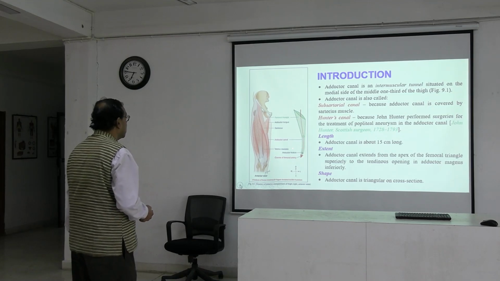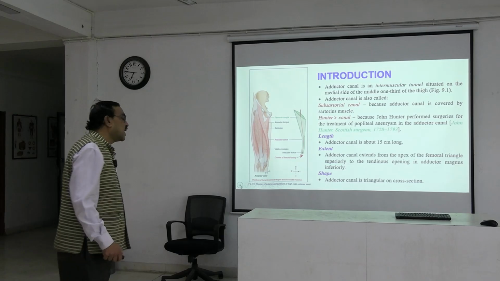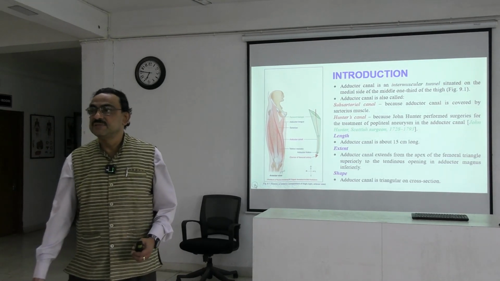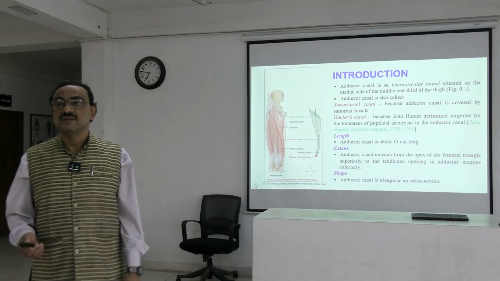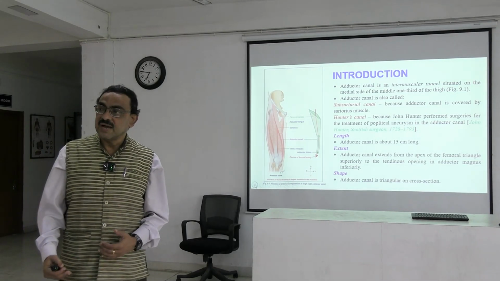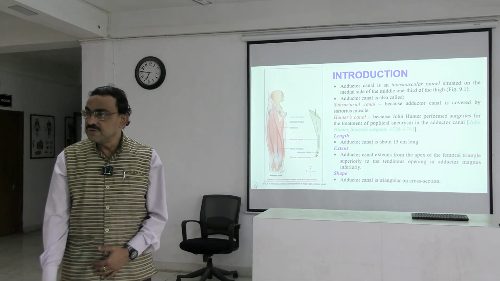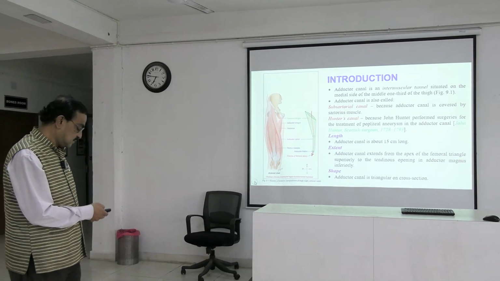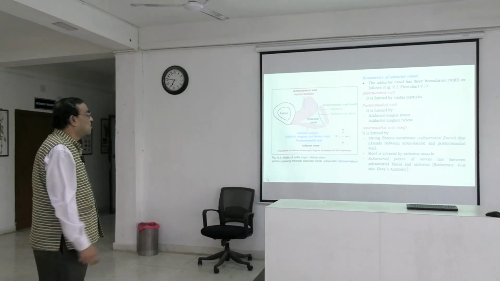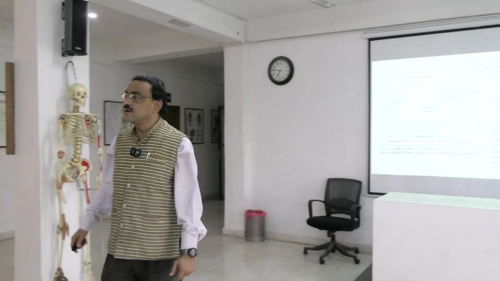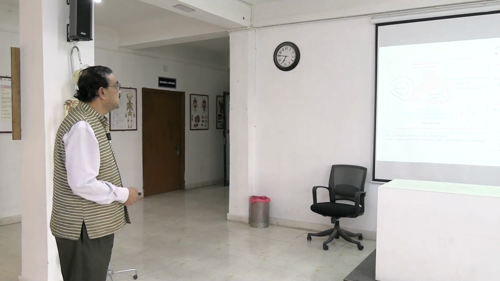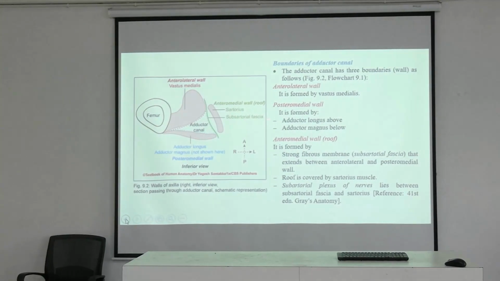Okay. Now, if we cut the femur and everything at the junction of upper one third and middle one third, okay, we will get a triangular cross section. This is anterior, this is posterior, okay, and this is medial, and this is lateral, okay.